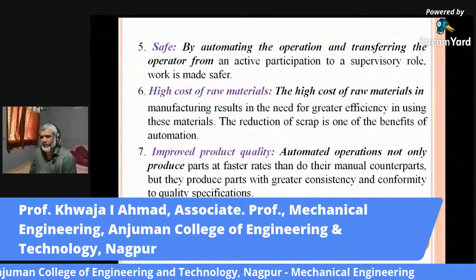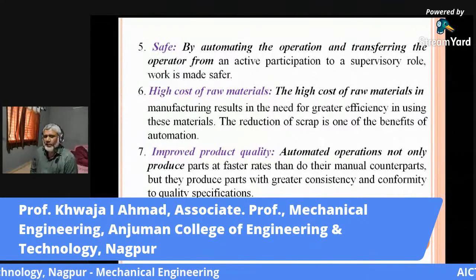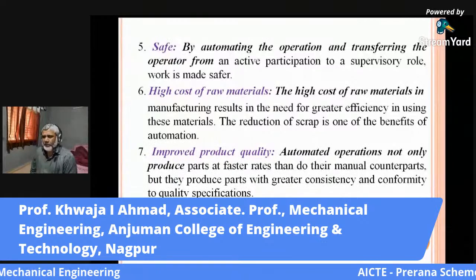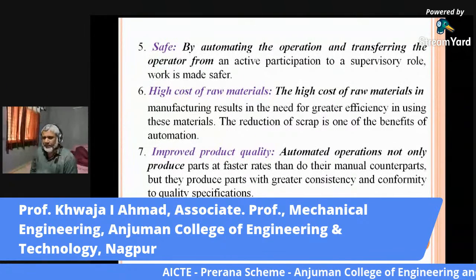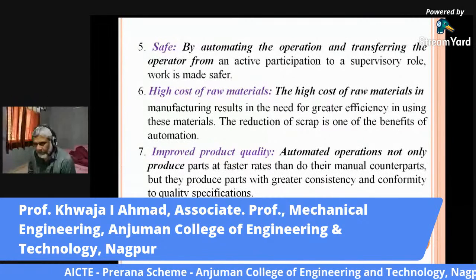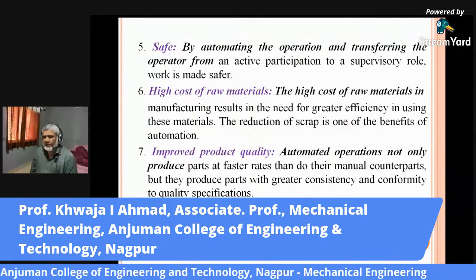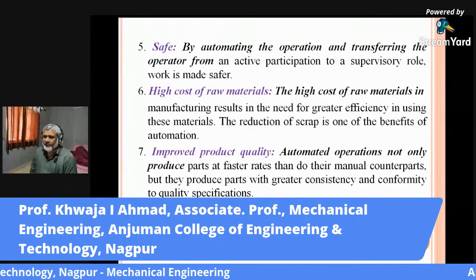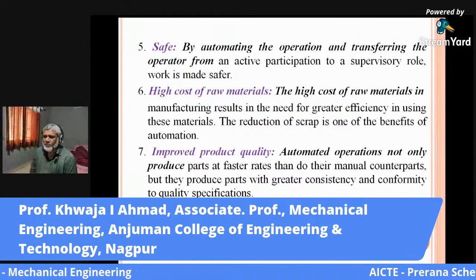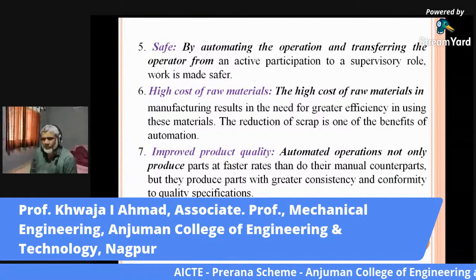Whatever raw material they are purchasing must be converted into acceptable products, and that can be achieved only through automation. That is the main thinking behind implementing automation. Because as scrap generation is less, the benefits in terms of acceptable parts will be more, and ultimately it will increase the profit rate.